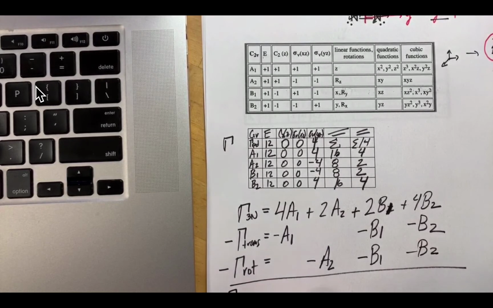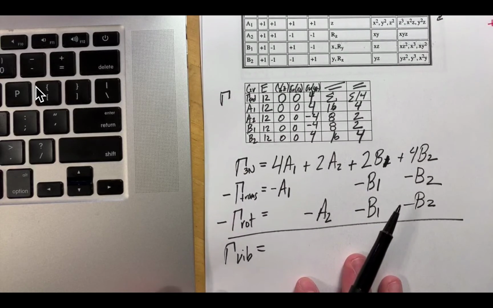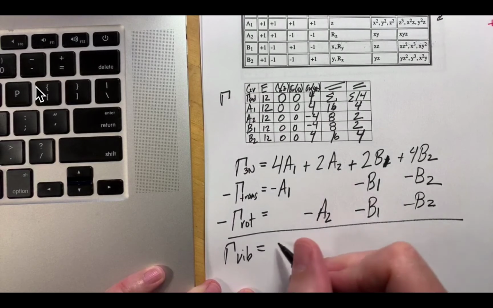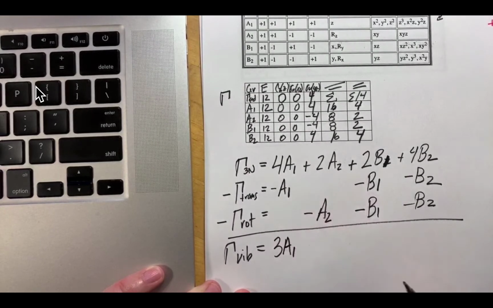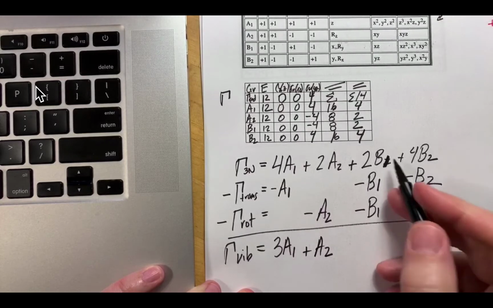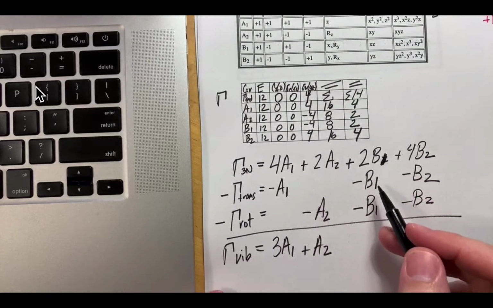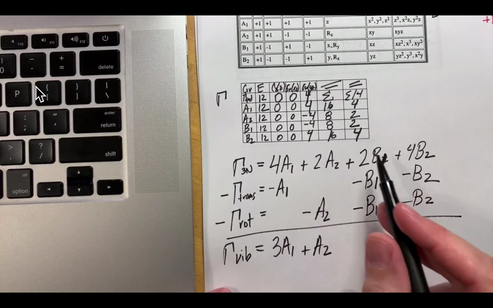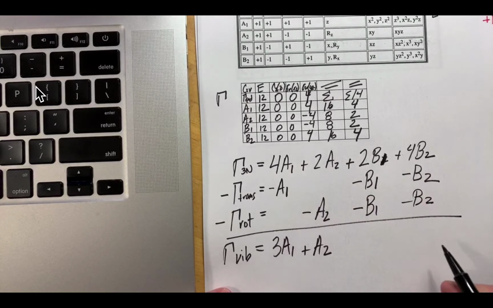So, okay, what's left is the vibrations, because I've taken all of the motions, I've removed the translations, I've removed the rotation, so whatever I'm left with is the vibrations. So 3 A1 plus A2. The B1s here fell out completely. Okay, they all got totally subtracted out.